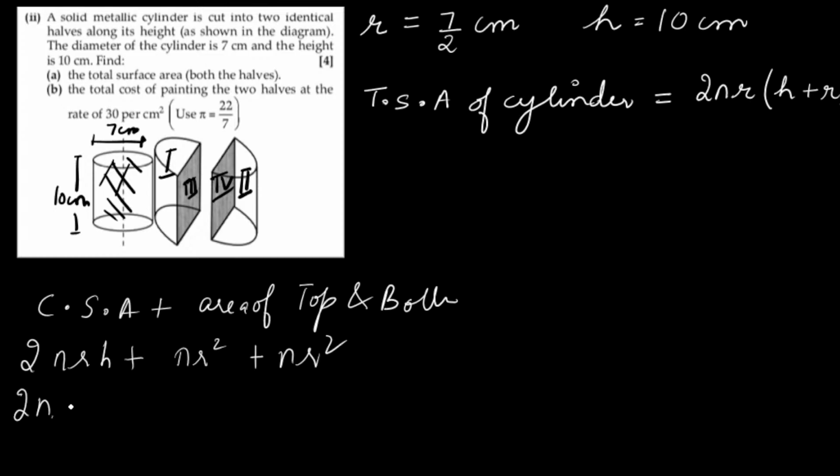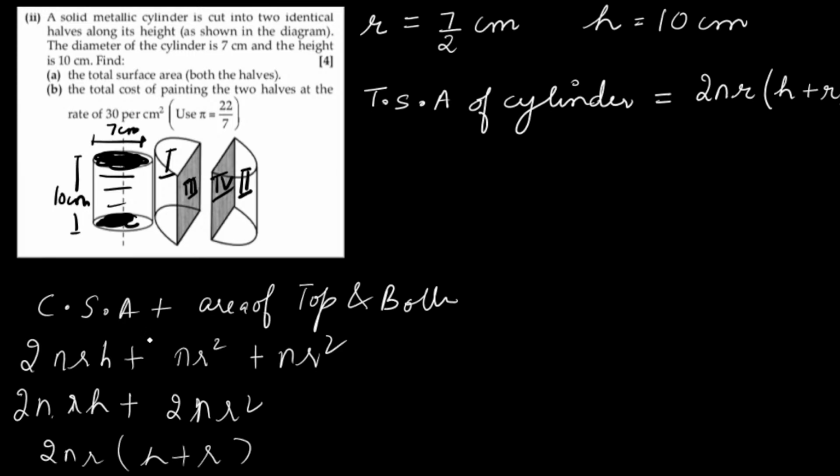Here the curved surface is there, at the top one circle is there, so the circle's area is pi r square. At the bottom also one circle is there. Now 2 pi r h plus pi r square plus pi r square is 2 pi r h plus 2 pi r square. If you take 2 pi r common, you get h plus r. So this is the formula.